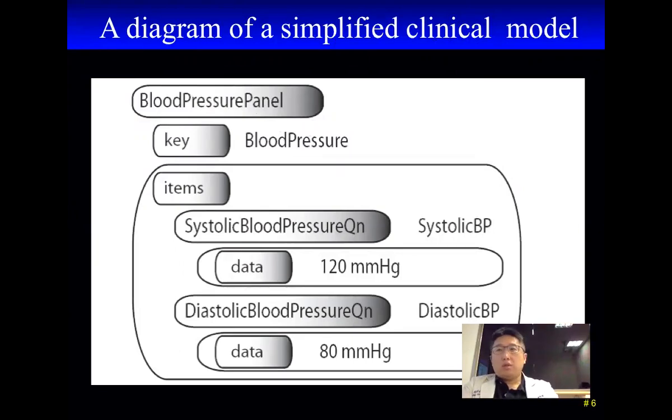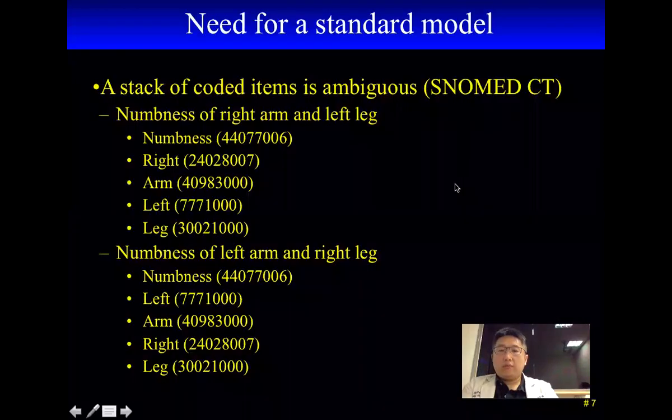The database administrator can retrieve that, but first you have to know the data structure of the database. Otherwise, you don't know how to retrieve the data. So it's very important that you have a very good model, then you can retrieve those data efficiently. Okay.